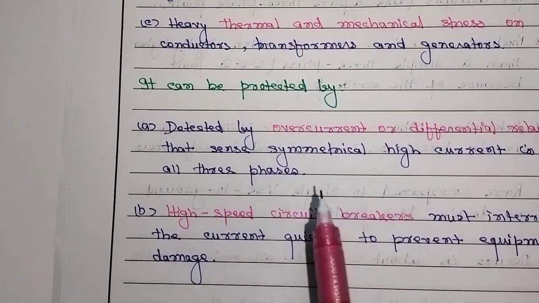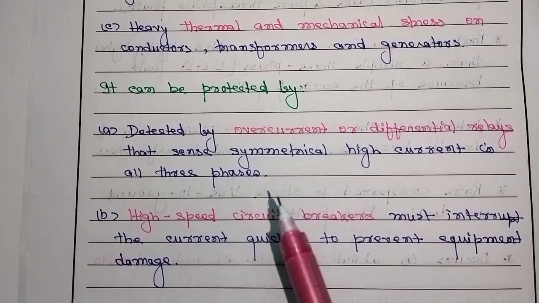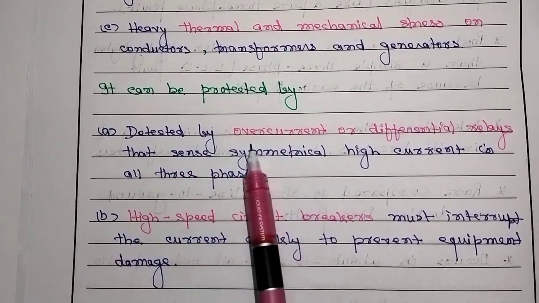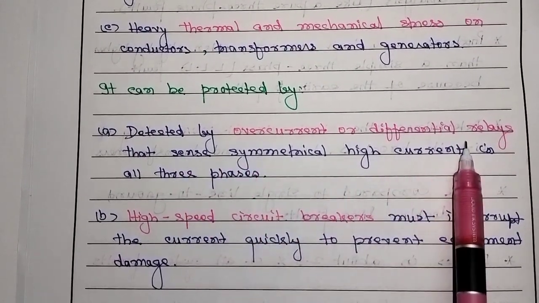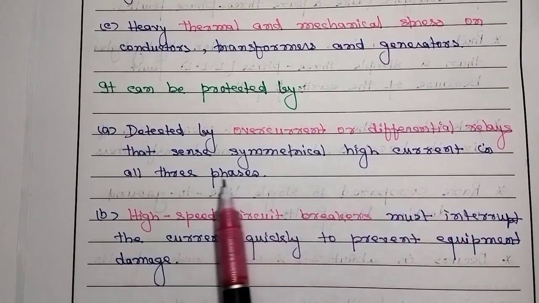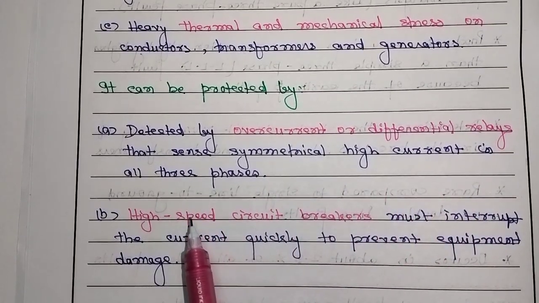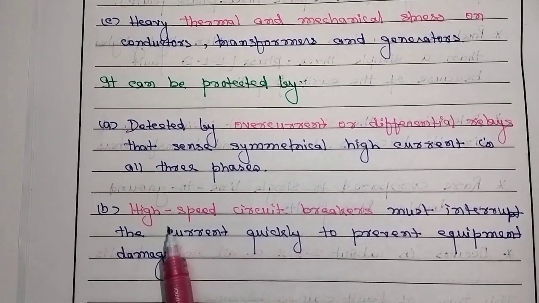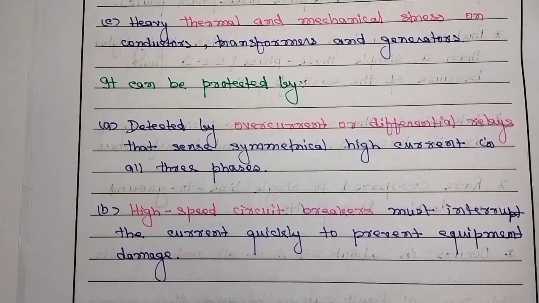Next, how can it be protected? It can be detected by the overcurrent or the differential relays that sense the symmetrical high current in the three phases. The last point that we have, the high speed circuit breaker must interrupt the circuit quickly to prevent the equipment damage.